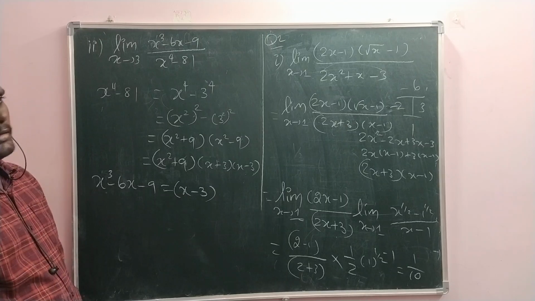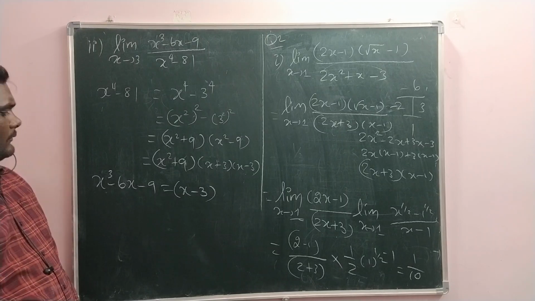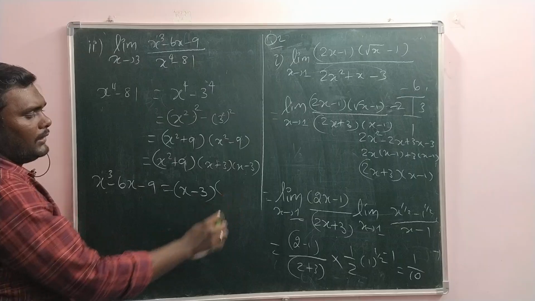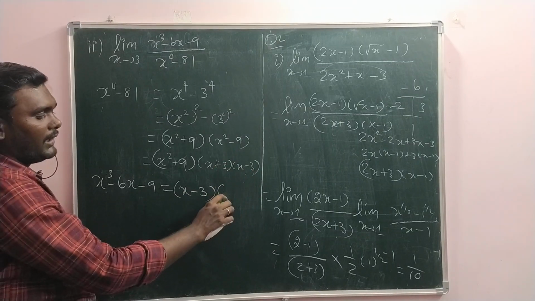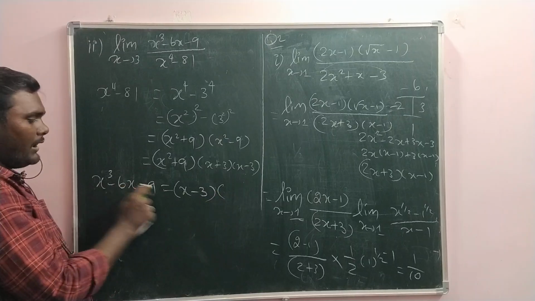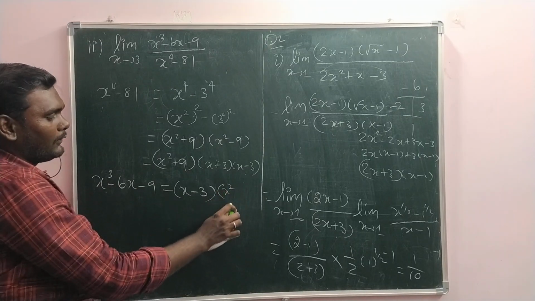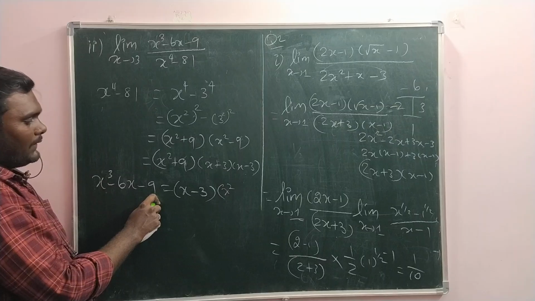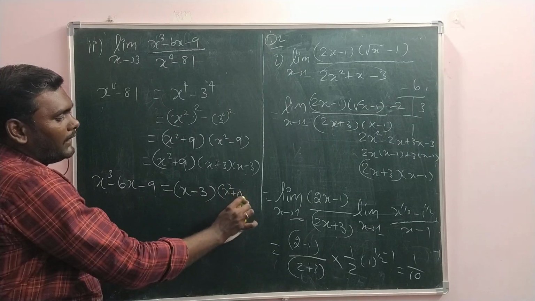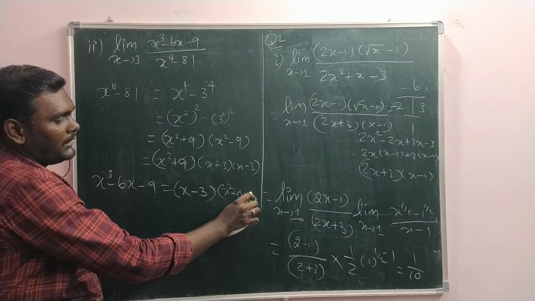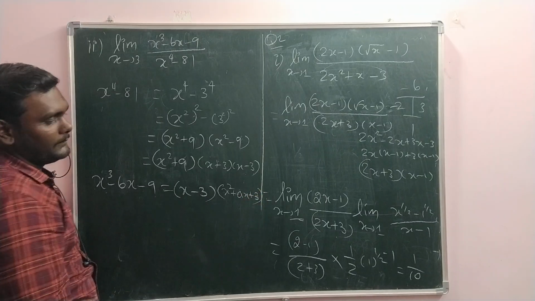That also we can do. Or we can assume this another quadratic factor it might have. All the leading coefficients are 1. So some x square, and the last number is minus 9, so some ax and then minus 9 should come, which means here some plus 3 should be there.